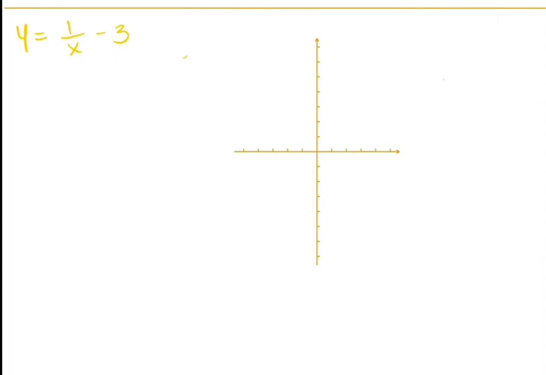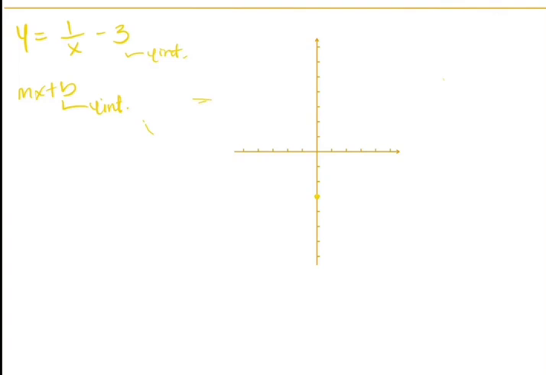To graph a line, what you need to know is to plot your y-intercept. In your linear function, mx plus b, your plus b is your y-intercept. So here, -3 is our y-intercept. We're going to plot that on here, -3 right here.